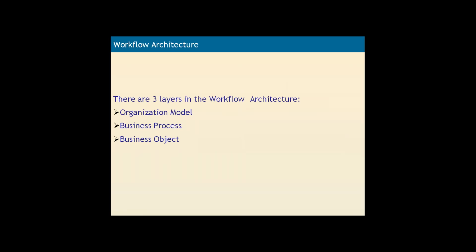In the organizational model, most of the time, if SAP HR is implemented in that project, then the organizational model will take care of providing the hierarchy. For example, when an employee raises a request, the work item should go to which employee, which agent, for approval. That hierarchy will be defined in the SAP HR system.